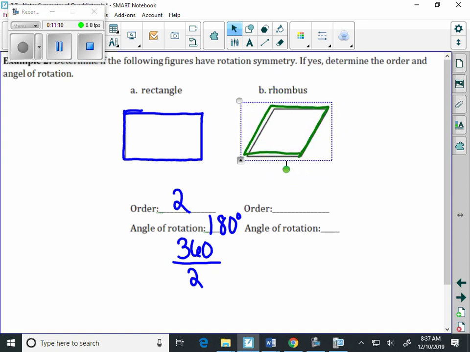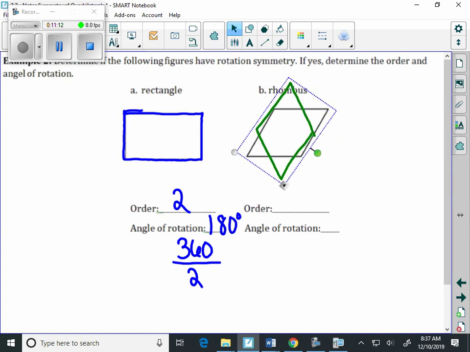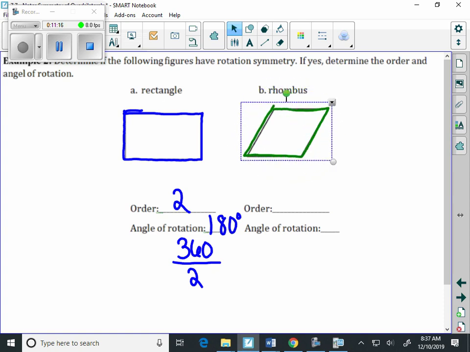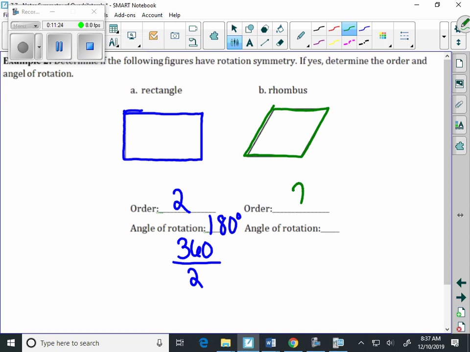Oh, but we do land on it there. Turn again, we don't. But turn another time. So once again, we were able to map the figure onto itself twice. And to figure out the angle of rotation, we take 360 divided by 2.